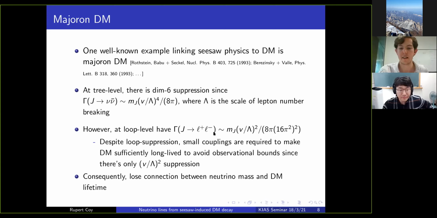So dark matter is naively way too short-lived, and you need some additional suppression. You need to introduce some very small couplings so that the dark matter avoids observational bounds. This is somewhat unnatural because you're introducing small couplings, and also you lose the connection between neutrino mass and dark matter lifetime that you otherwise could have had.